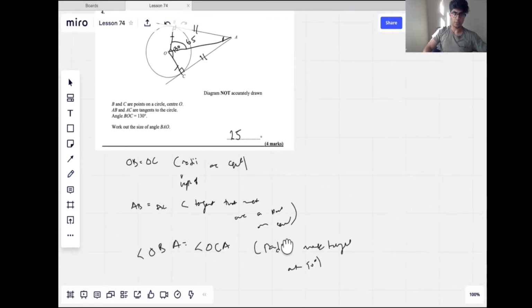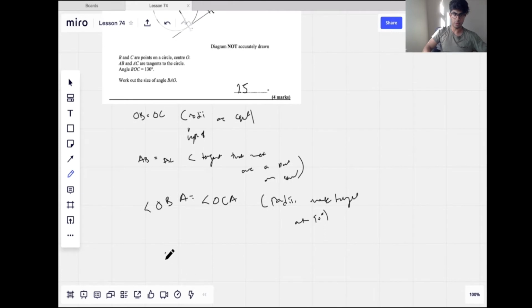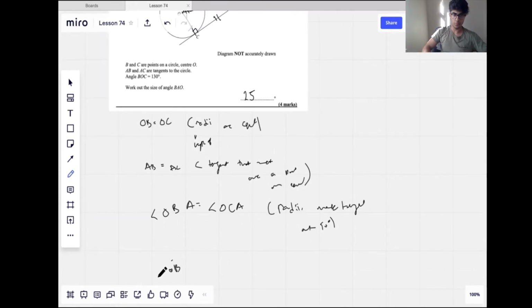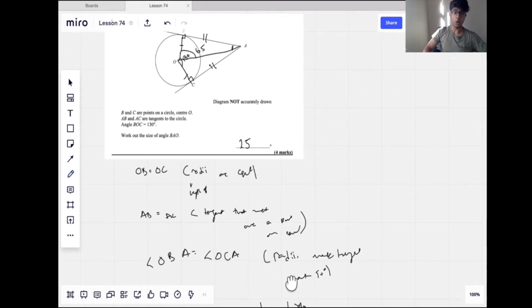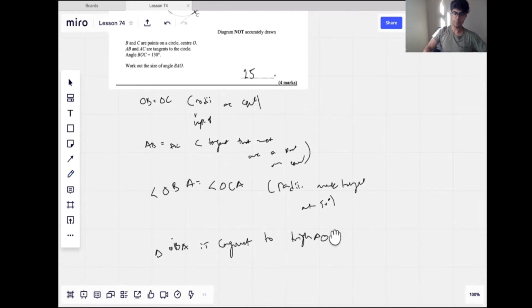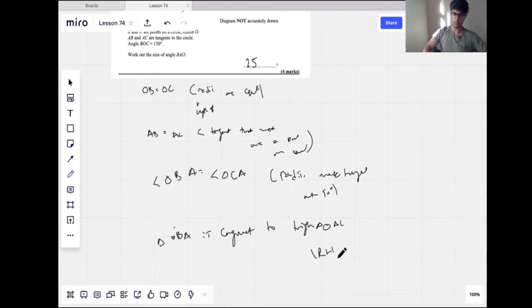And then we have congruence, so triangle OBA is congruent to triangle OAC by RHS.